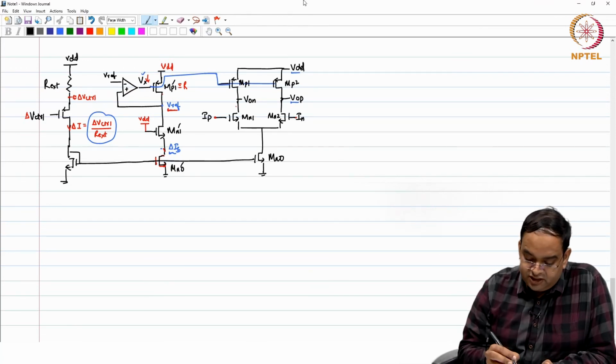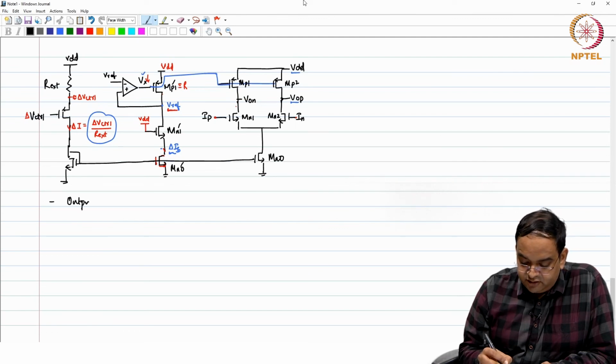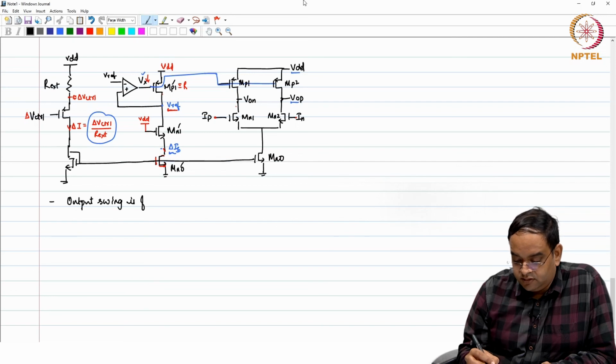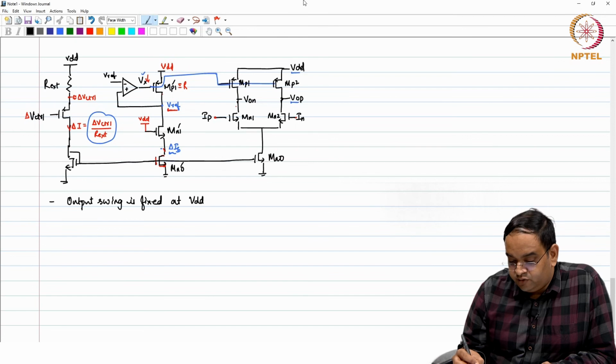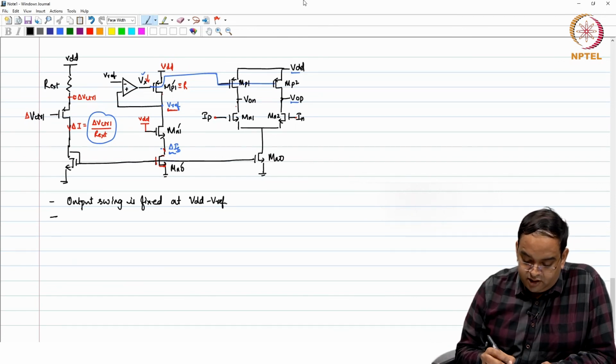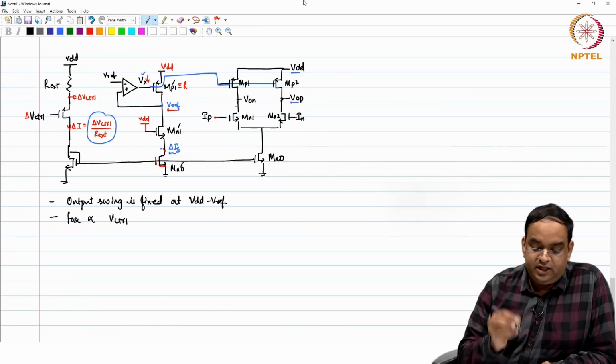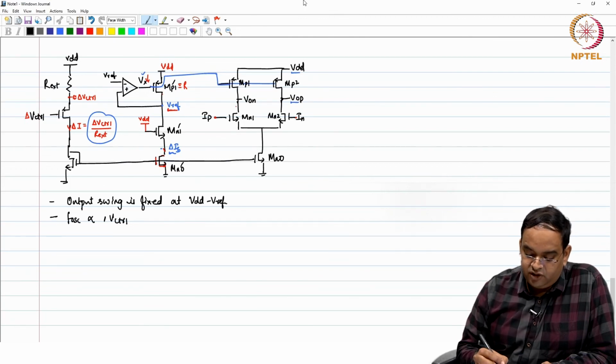So, what we have achieved in our configuration is that the output swing is fixed at VDD minus Vref, and output frequency is directly proportional to delta V control.